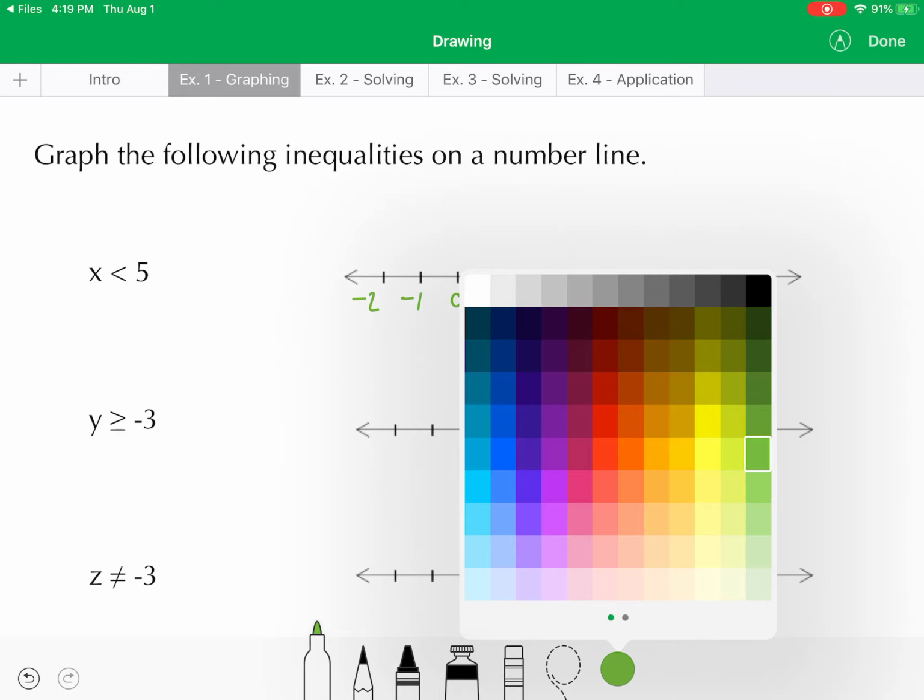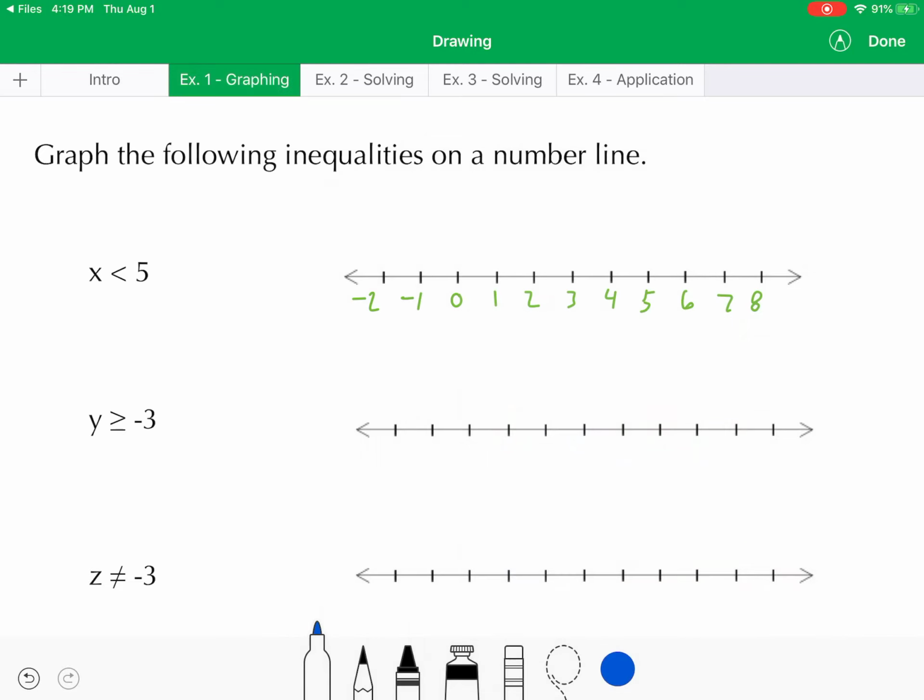But I have to visually go all the way up to the value of 5. So I do that by using an open circle on the number line and then drawing an arrow in the negative direction, meaning I'm moving to values that are smaller than 5.